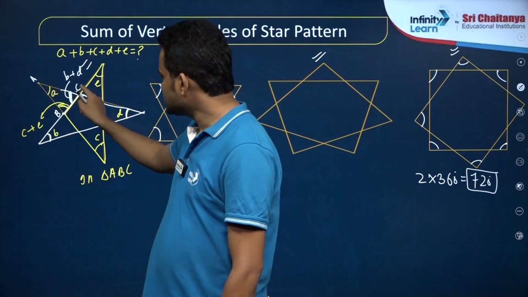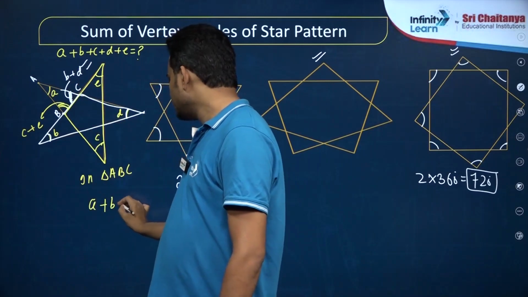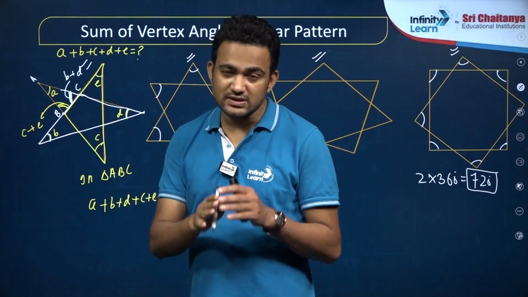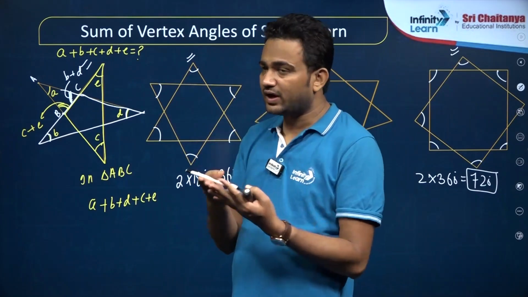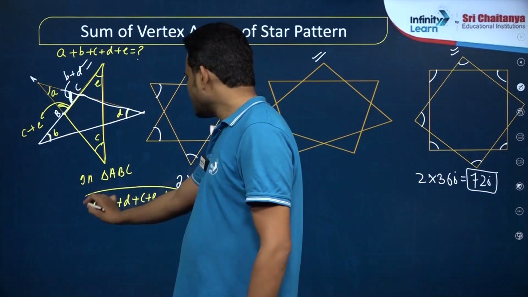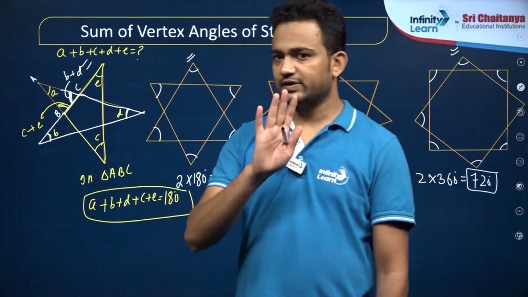So this is A, this is C, this is B plus D. So A plus B plus D plus C plus E. And what is this? This is basically the sum of interior angle of a triangle. So this will be 180 degree, right? So the sum of vertex angle of 5 vertex star is always 180 degree.